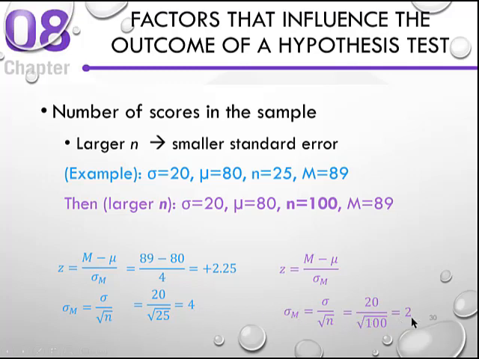So a smaller standard error if we increase the number of people, and therefore we end up with a much larger z-score. And again, than this, right? So this one is a lot more likely to be in the tails, to be statistically significant, than this one right here. So larger number, smaller standard error, therefore larger z-score.